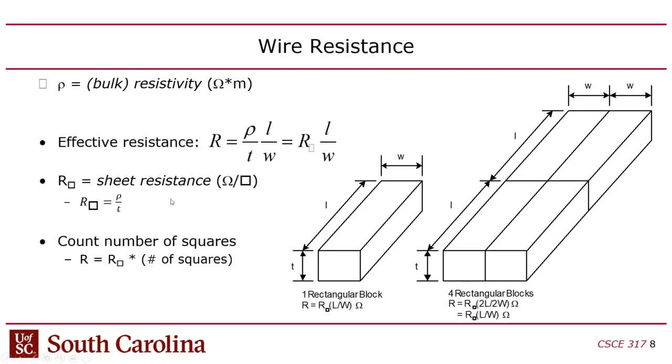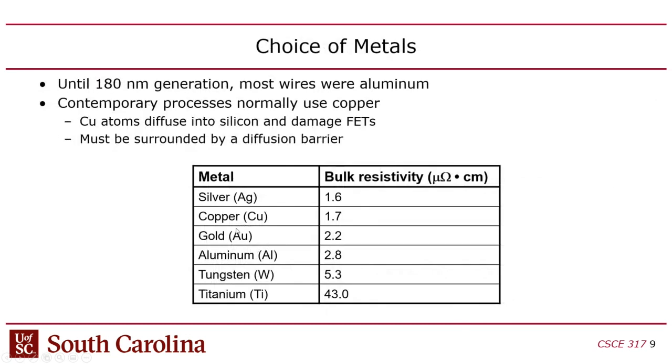It's not something you as a designer can control. So you basically isolate the two terms that you can't control, and you bundle them into this single term called sheet resistance. And so then if you want to find the total resistance of a wire, you take the sheet resistance and multiply it by the length over the width. And so that's all there is to that. It's pretty simple.